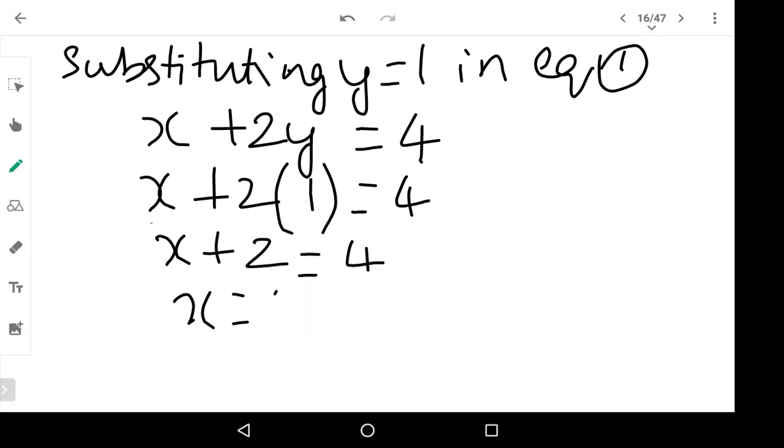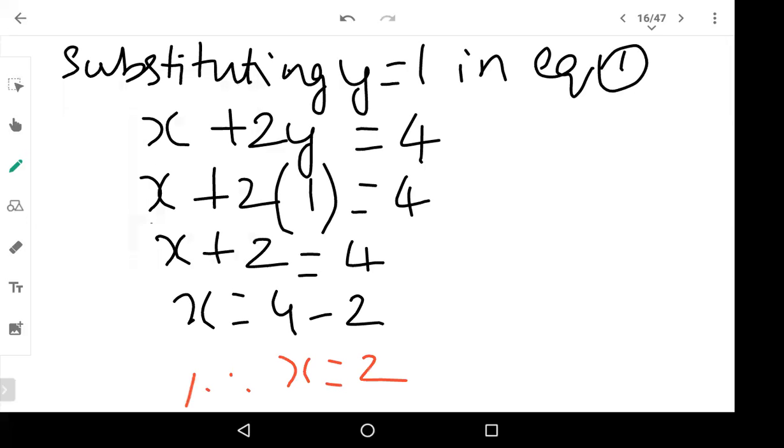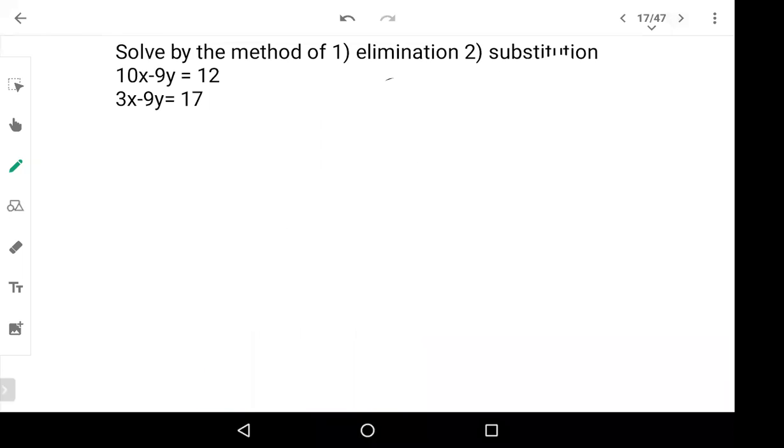X is equal to 4 minus 2. Therefore, x is equal to 2. We got the same answer. You are supposed to get the same answer in both the methods. Understood? Everybody understood?